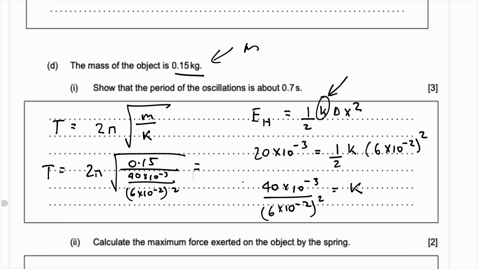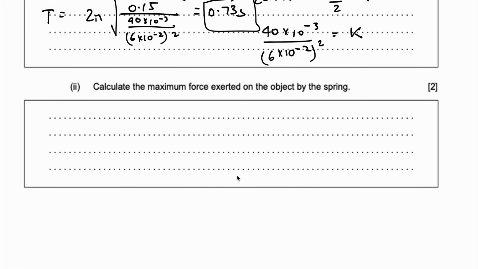So 2 pi the root of 0.15 over 40 times 10 to the power of negative 3 over 6 times 10 to the power of negative 2, the whole squared. That gives you 0.73 seconds, which is approximately 0.7 seconds. So we've solved this question.